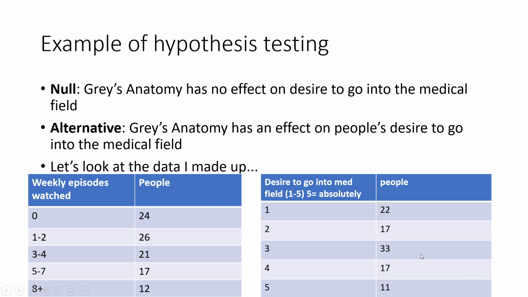Again, I totally made this up, so sophomore in college, maybe a third of us out of, I did a sample of 100. Yeah, that sounds accurate. Anyway, then 17 people said 4, and 11 people said 5, absolutely, I want to go into the medical field.